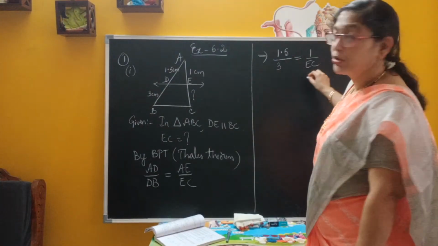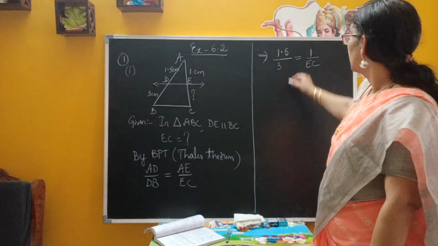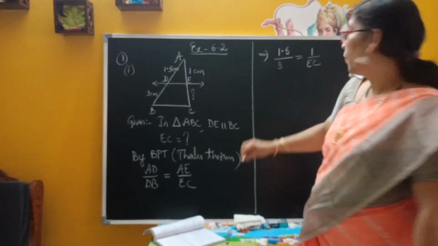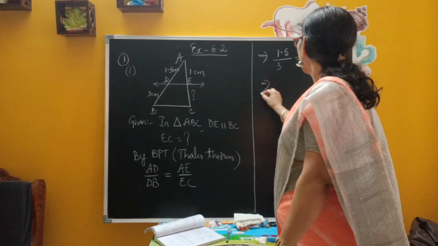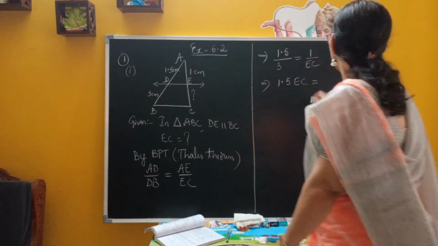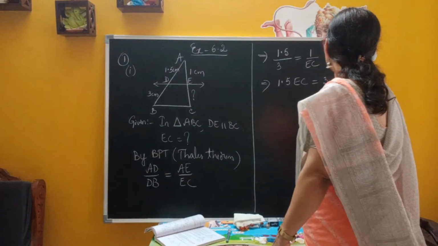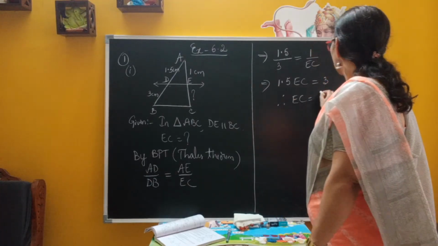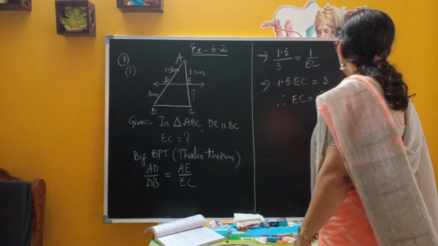You know how to solve this by cross multiplication. So 1.5 into EC is equal to 3 into 1. This implies 1.5 EC is equal to 3. So EC is equal to 3 by 1.5.